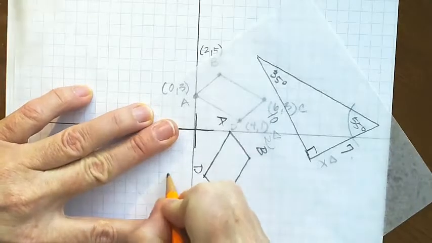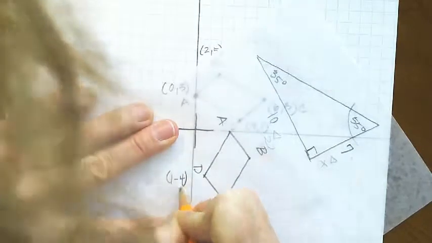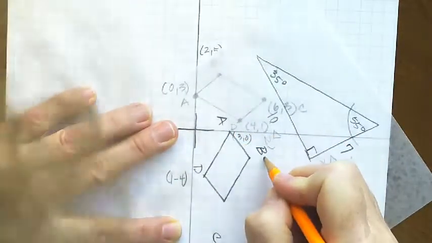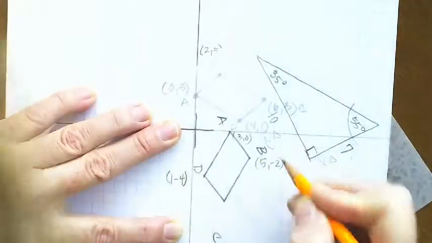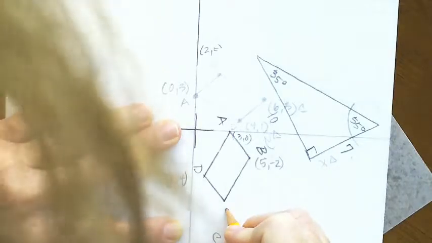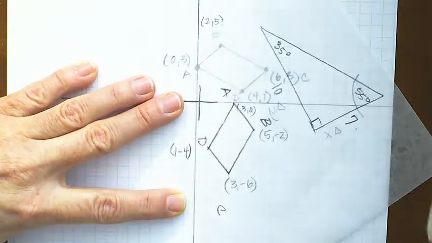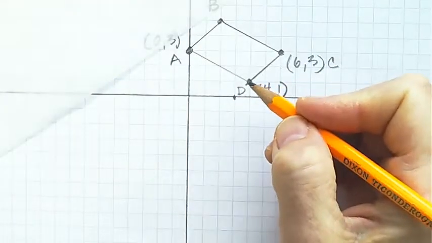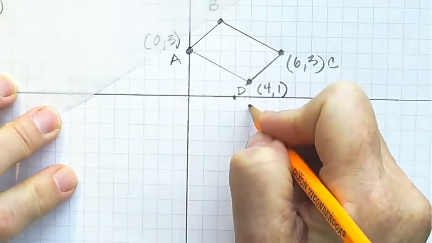So I'm just going to write those on here. Let's see, A would be 3, 0. B would be 5, -2. C prime 3, -6. And then I'll graph them. Let me zoom in a little. Okay, so A is now at 3, 0. Or I should say A prime.